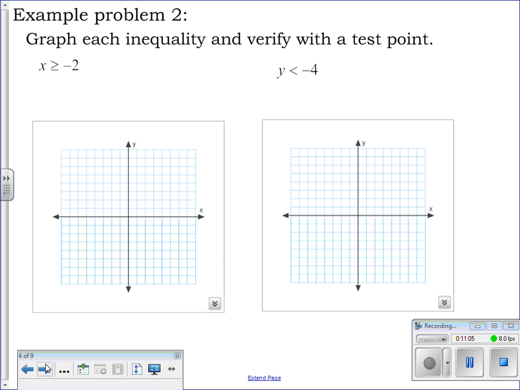Okay, same idea, different problem though. I don't have x and y. I have x or y. These are still straight lines. When I have x equals some particular number, that is a straight vertical line.